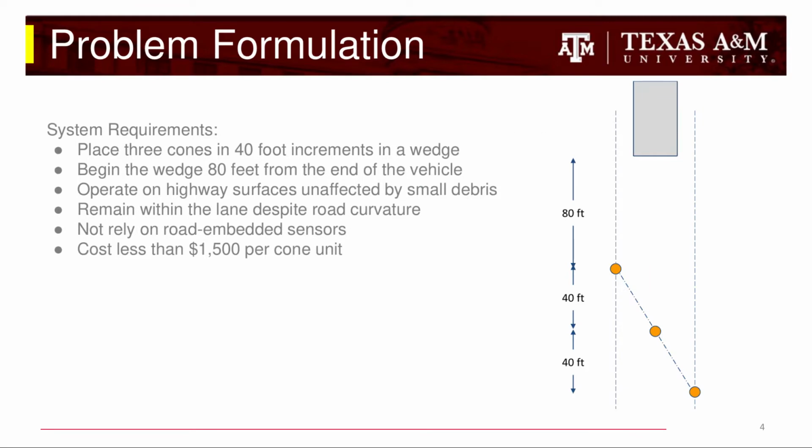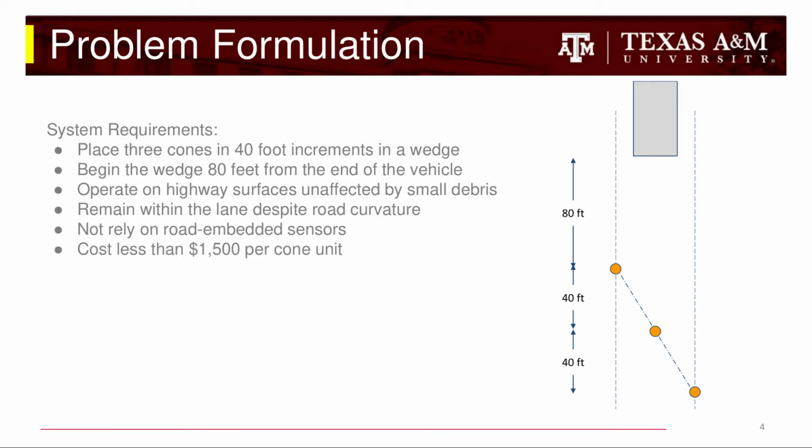From this information, we formulated the following problem. The system must place 3 cones in 40-foot increments in this triangular wedge shape, where the wedge begins 80 feet from the end of the vehicle. Additionally, the cone placement device should operate on highway surfaces and be unaffected by small debris.